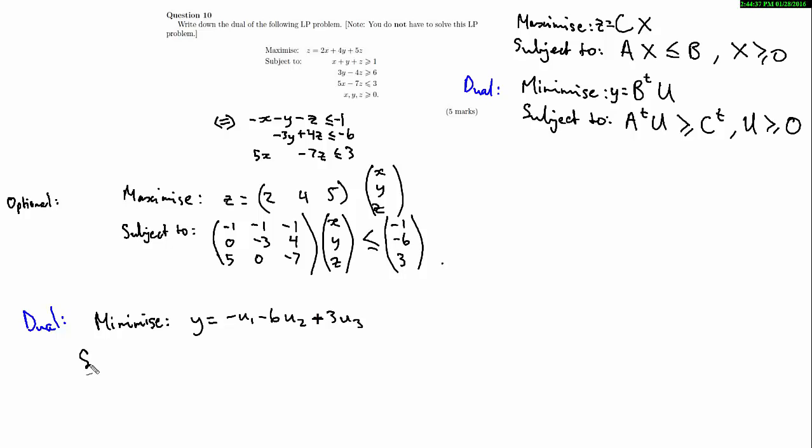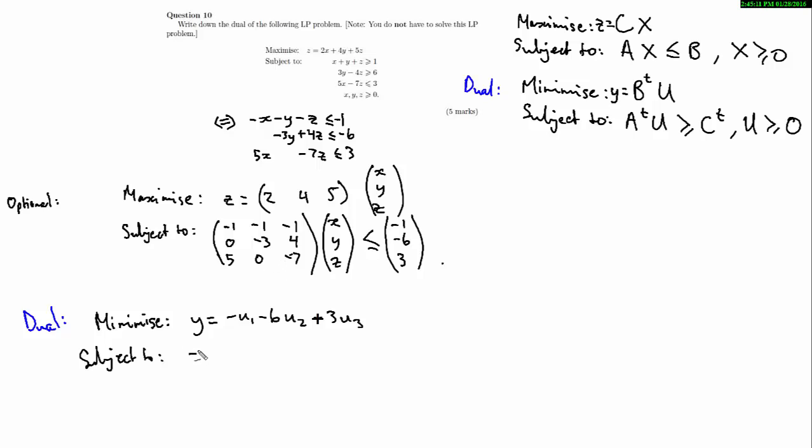Okay, and that will be subject to the following constraints. These new constraint coefficients will come from the transpose of this matrix here. For the first constraint, we look at the first column of this original matrix here.